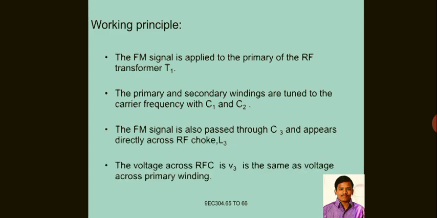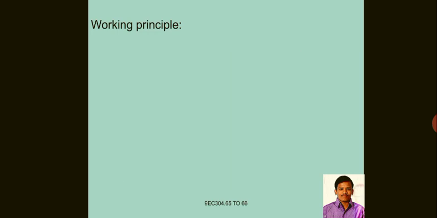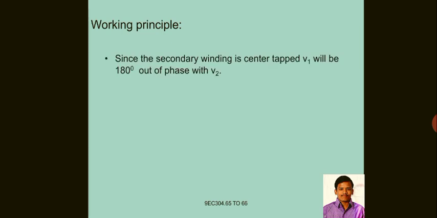The voltage across V3 is the same as the voltage across the primary winding, because it is a combination of voltage coming from diode D1 and diode D2, that is from the two windings of the secondary. Therefore this voltage will be equal to the primary winding. Now as I told, the secondary winding is center tapped.